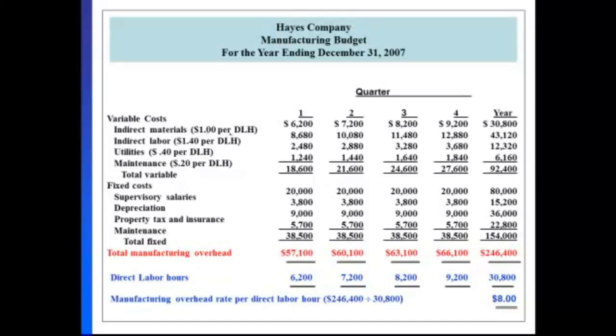Indirect material is $1 per direct labor hour, so it's 6,200. Indirect labor is $1.40 per direct labor hour, and this direct labor hour, of course, comes from the direct labor budget. And in this way, we build the variable costs, and the fixed costs are going to remain fixed over that range of activity each quarter. And in that way, we have built the manufacturing budget.